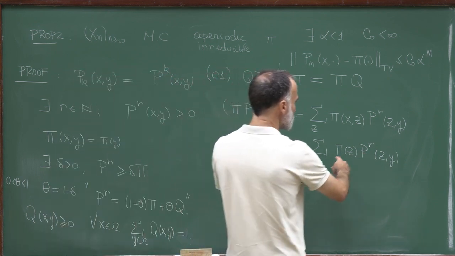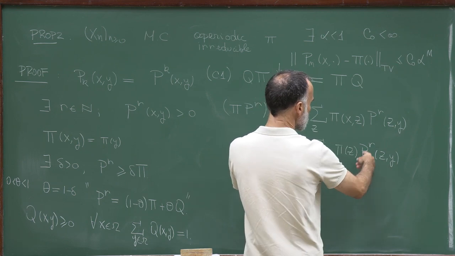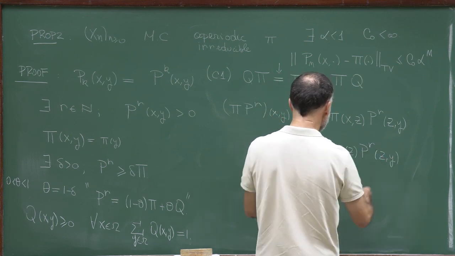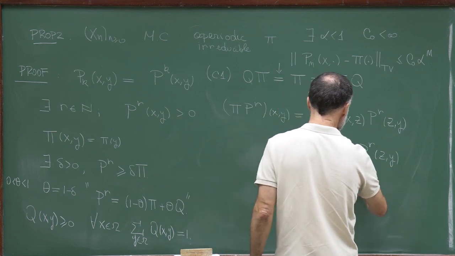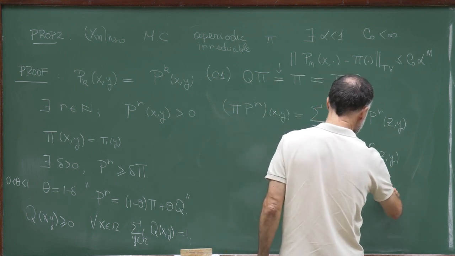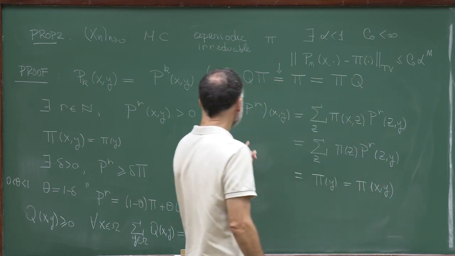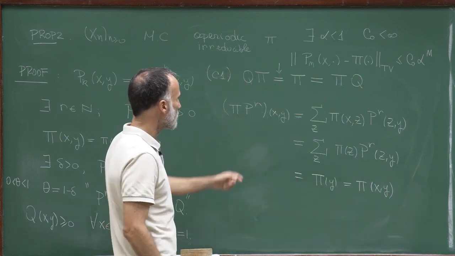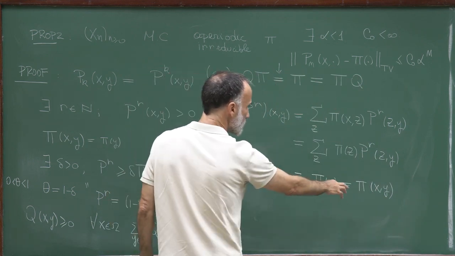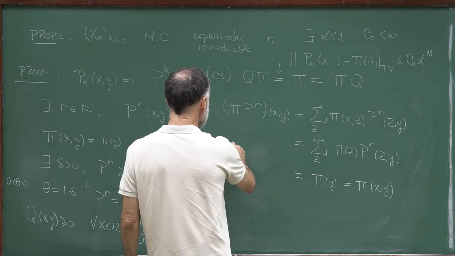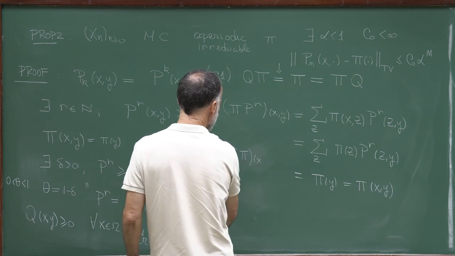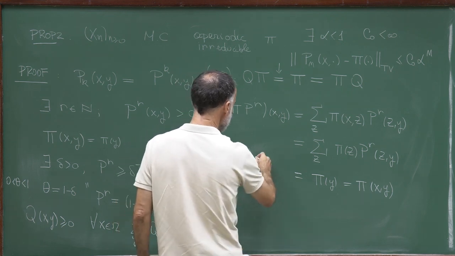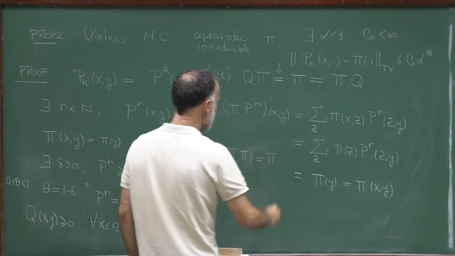So you see that you are starting with a stationary state, but let the process evolve up to time r. So this is equal to pi of y, and this is pi(x,y). So again, we have shown that pi P^r is equal to pi. We also know that pi pi is equal to pi. So pi is a projection.